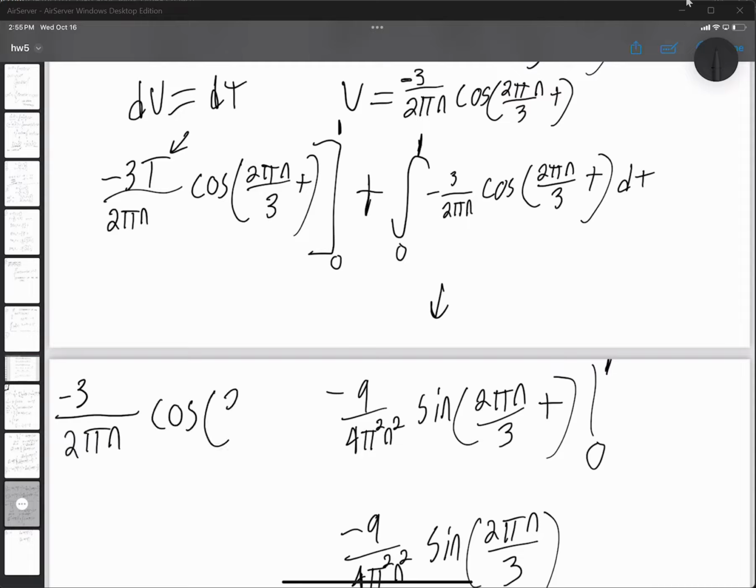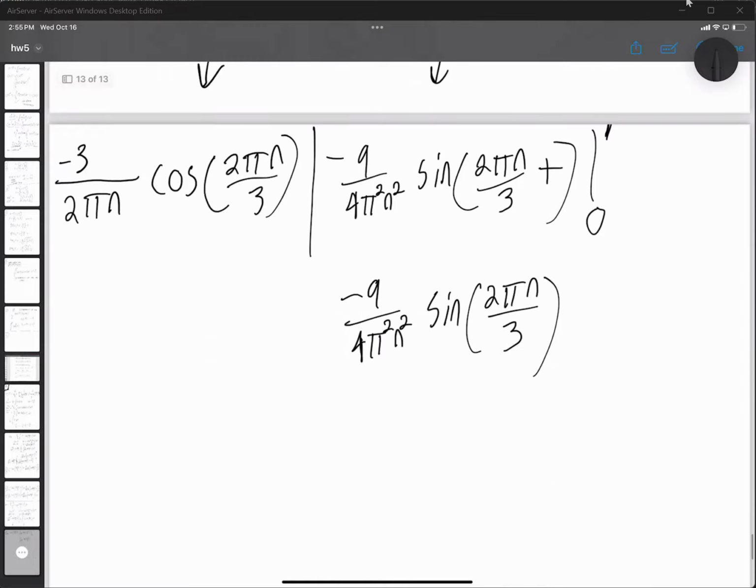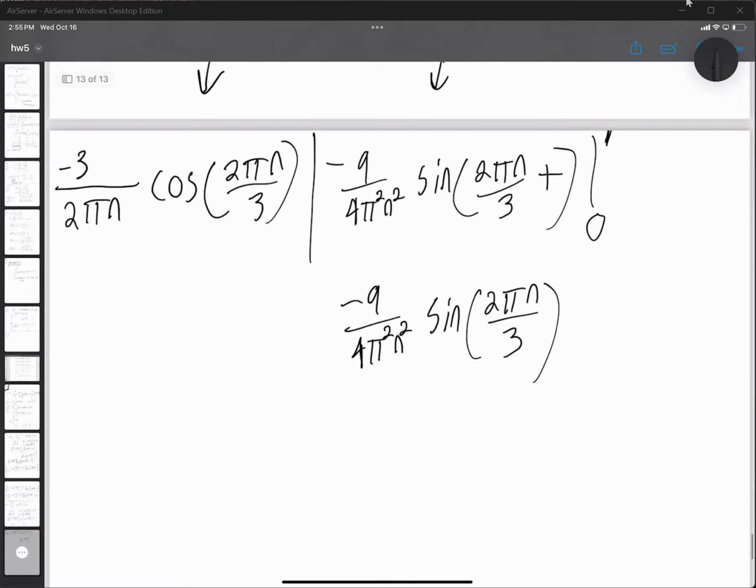Cosine of 2 pi n over 3. Now let's bring it together. Negative 3. And I don't like that negative next to that 9, so we're going to fix that. Never mind. I'm not actually going to fix it.